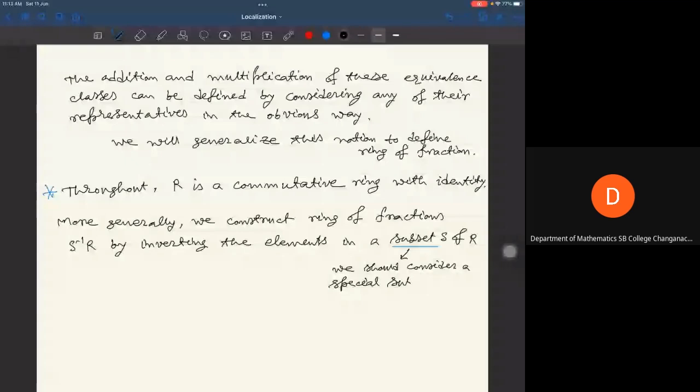Why we need to consider this multiplicatively closed subset will be clear once we define this ring of fractions. So this is the notation actually.